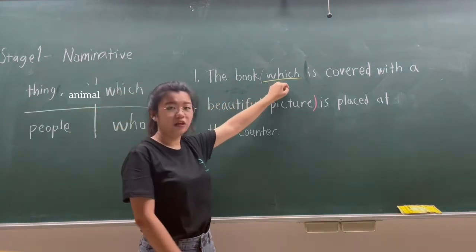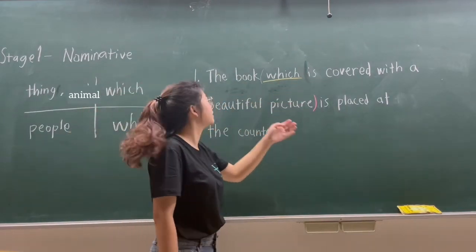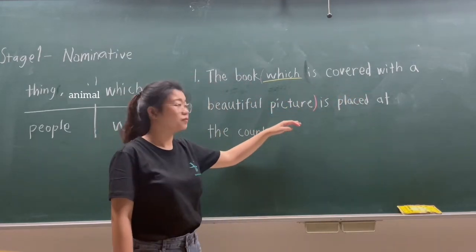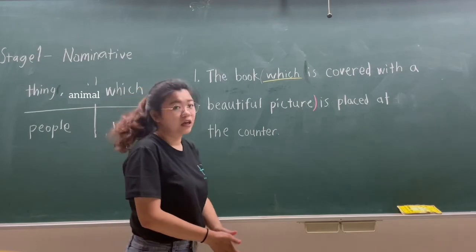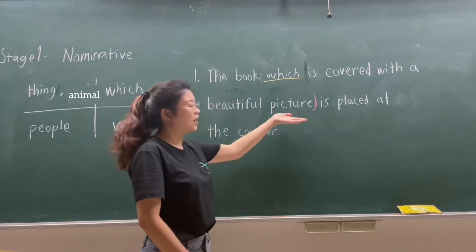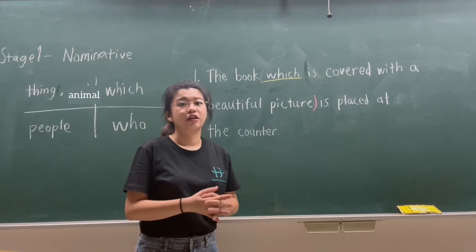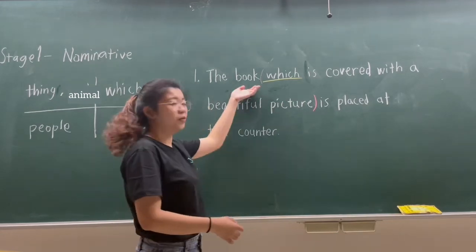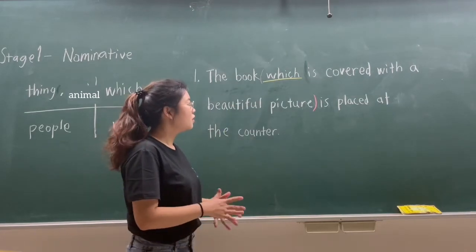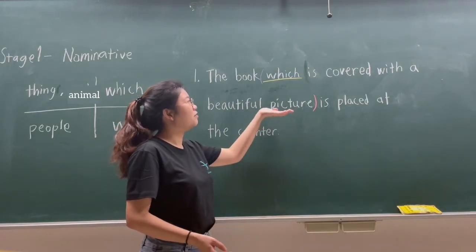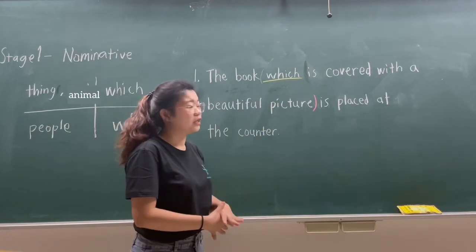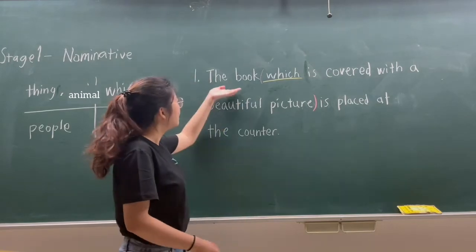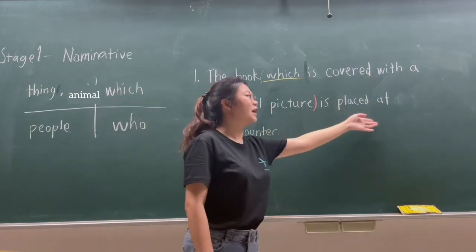And we can also see the sentence in red as the book is covered with a beautiful picture. And the sentence in red is also used as the adjective to describe the book. And if we take out the red sentence, the sentence will also be correct. Let's see. The book is placed at the counter.